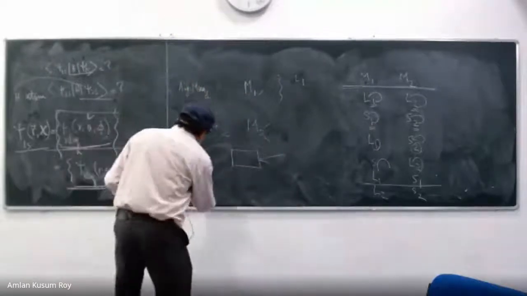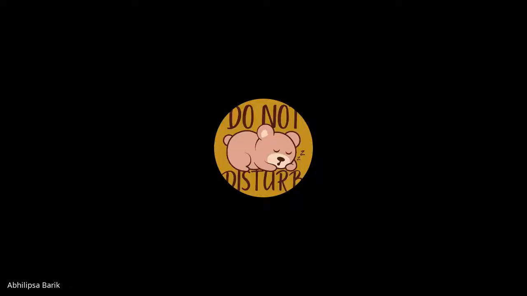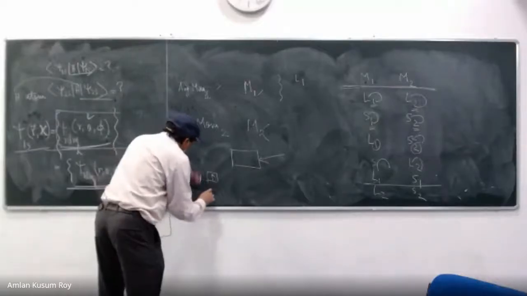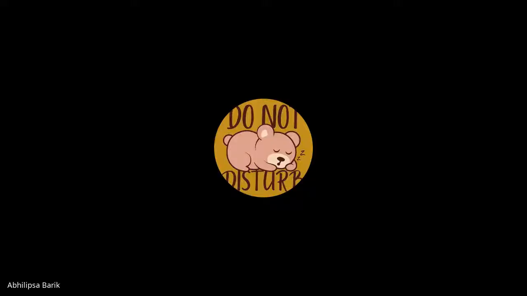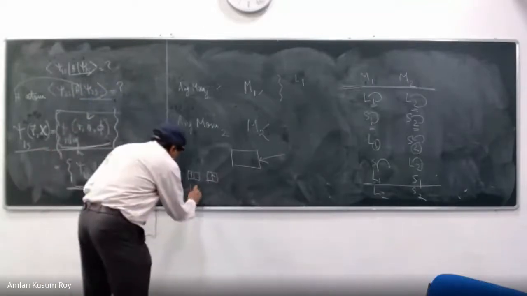The moment you have more than one electron, suppose I have lithium, 1s2 2s1, right? How many orbitals do I have? I have a 1s orbital and a 2s orbital. Let us talk about lithium.